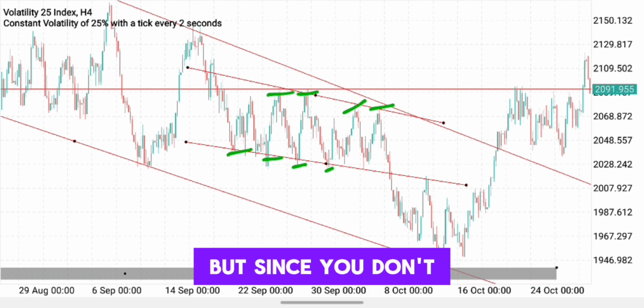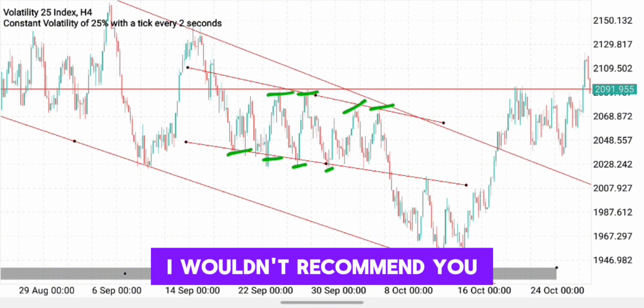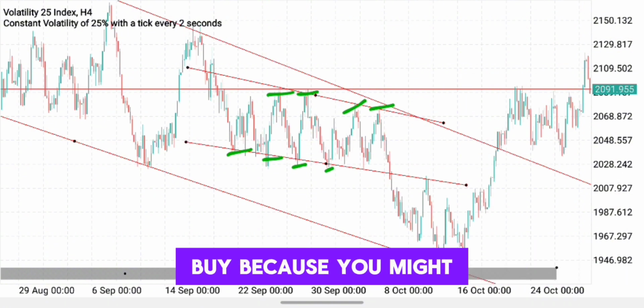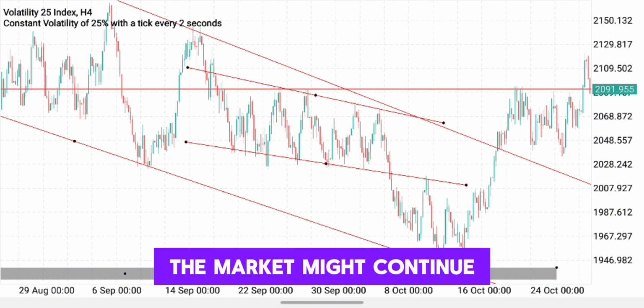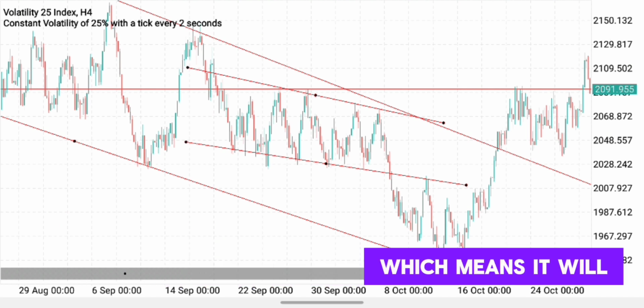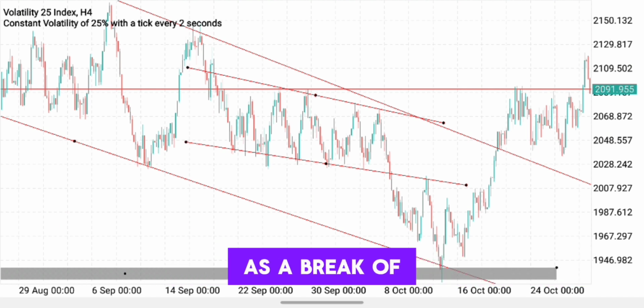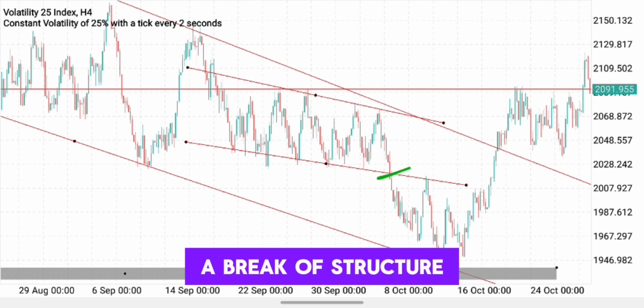But since you don't have adequate information, I wouldn't recommend you to buy, because you might lose your money. The market might continue going down, which means it will form what is known as a break-off structure or a trendline breakout.